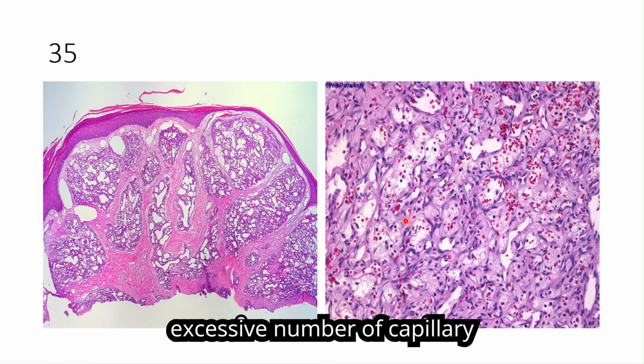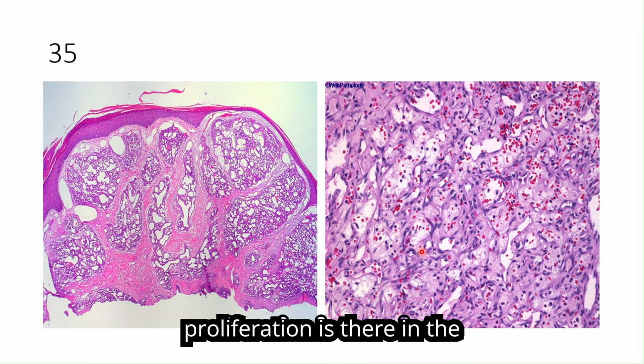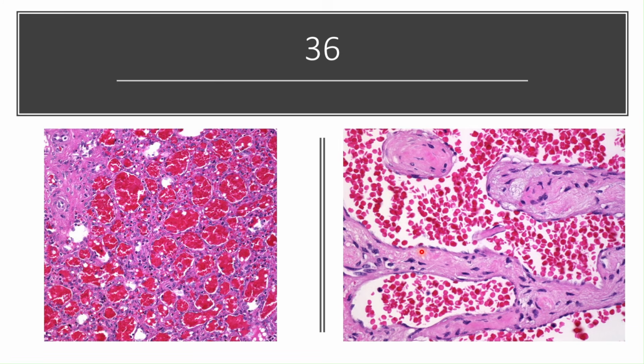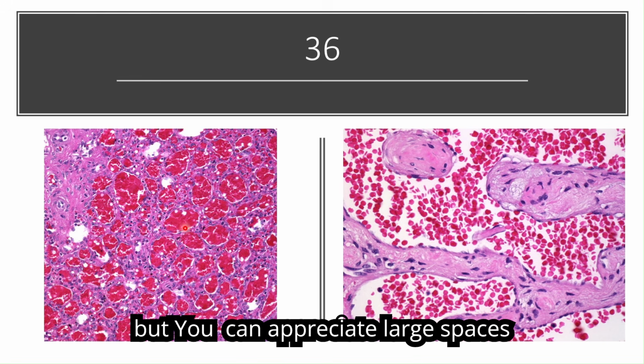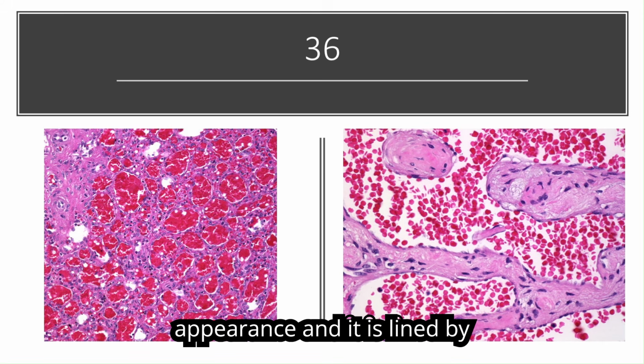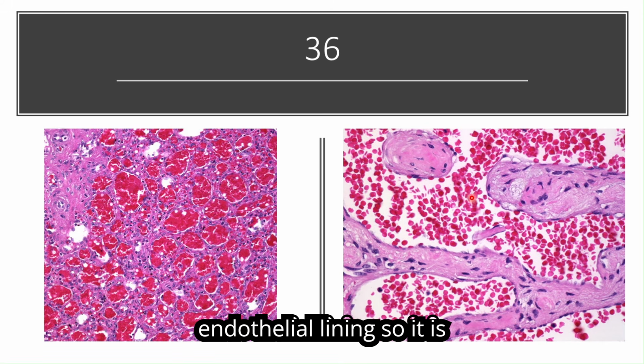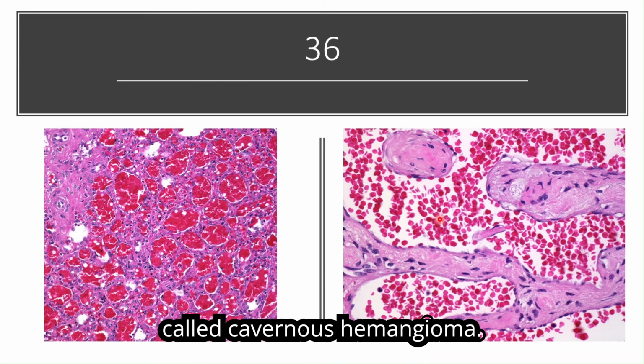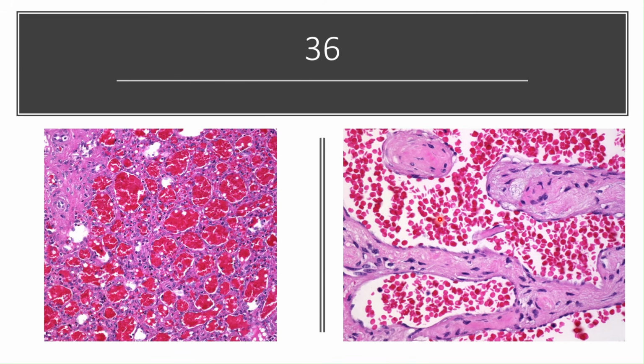So excessive capillary proliferation is there in the hemangioma. Again, hemangioma, but you can appreciate large spaces with a thick walled appearance, lined by endothelial lining, so it is called cavernous hemangioma.